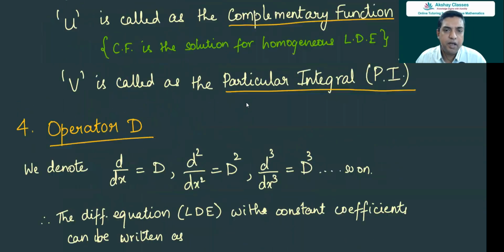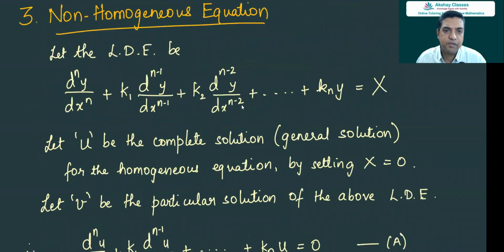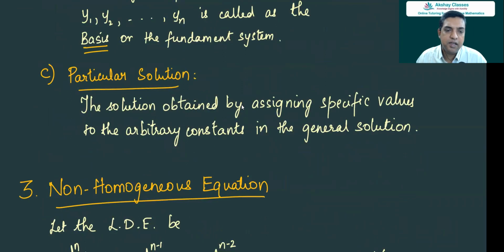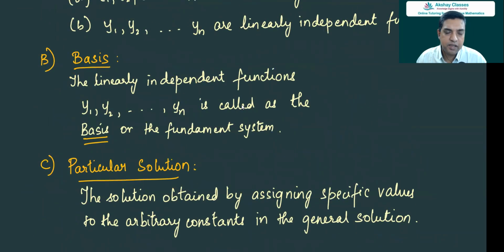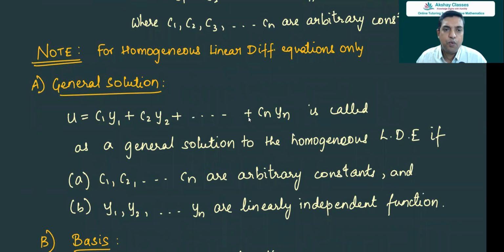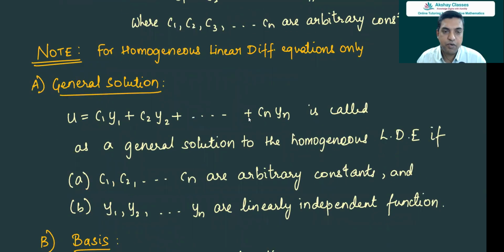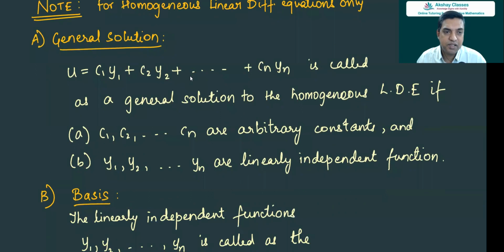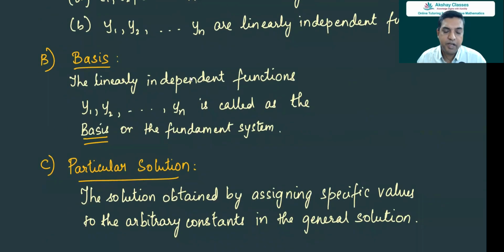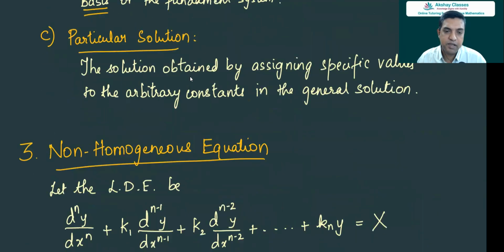So now what we have done is we just found out what is a linear differential equation in general form, then a linear differential equation with constant coefficients, a homogeneous linear differential equation with constant coefficients, and a non-homogeneous one. What is the general solution and particular solution for the homogeneous?